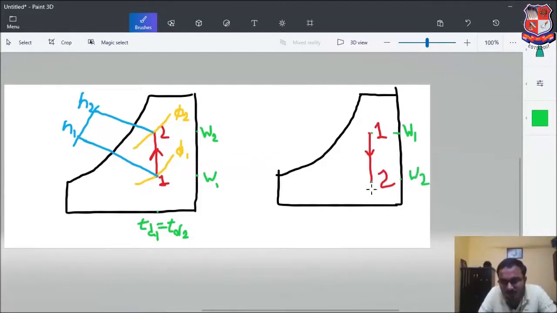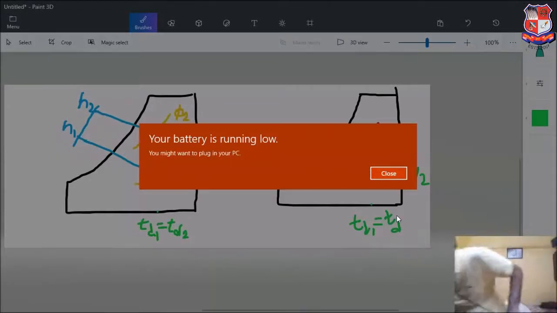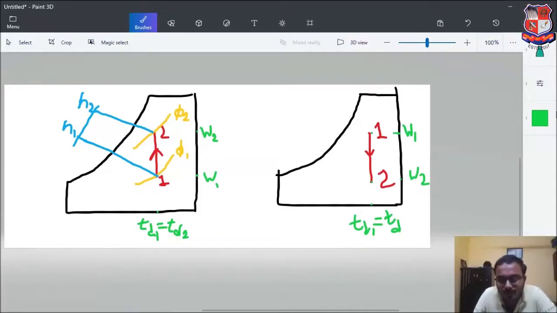However, the dry bulb temperature TD1 is equal to TD2.